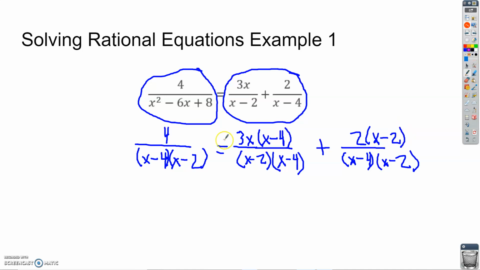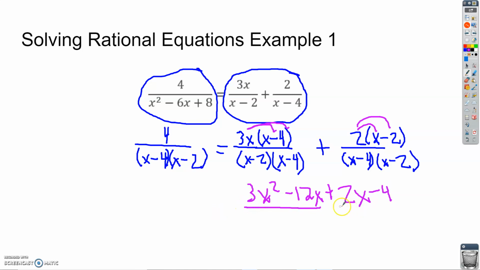And now I'm going to simplify. So I'm going to do 3x times x, 3x times negative 4. So that's 3x squared minus 12x, 2 times x, 2 times 2.